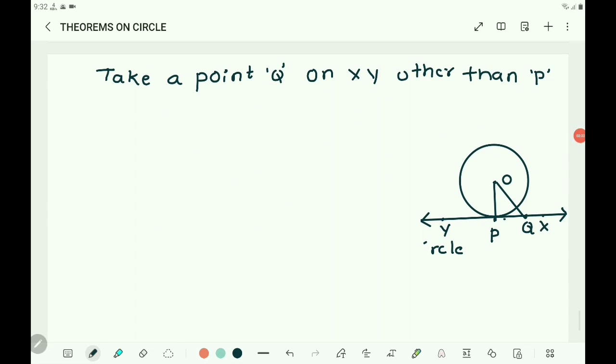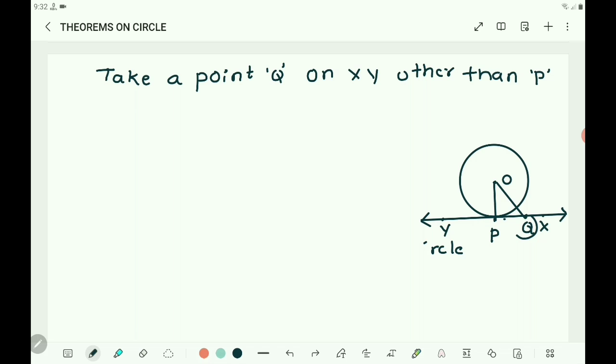Here you observe the point Q lies outside the circle because XY is a tangent. Only one point lies on the circle, that is P, and Q naturally lies outside the circle. If Q lies on the circle, then XY becomes a secant, not a tangent.